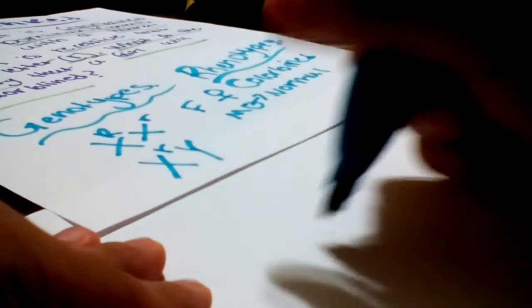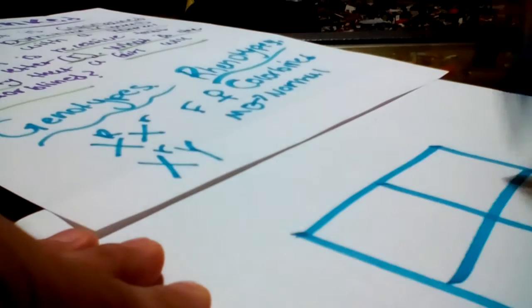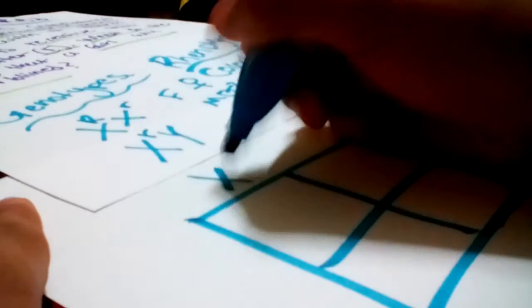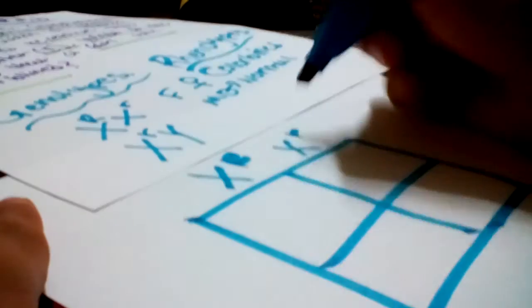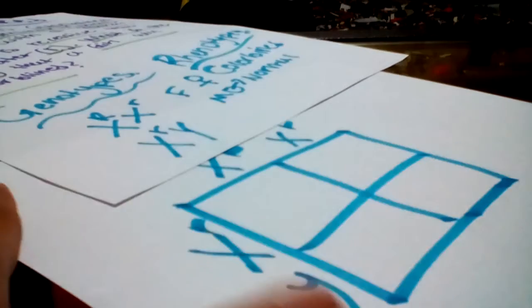By using those genotypes, we're going to find our Punnett square. So using this information right here, we can create our own Punnett square. So let's go ahead and make our Punnett square. So it's X^R, X^r, X^r, Y. And now we fill in our Punnett square.